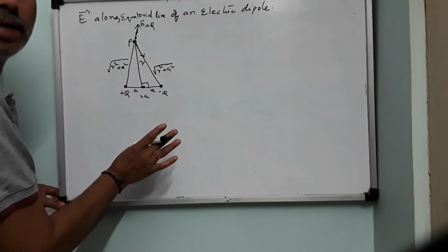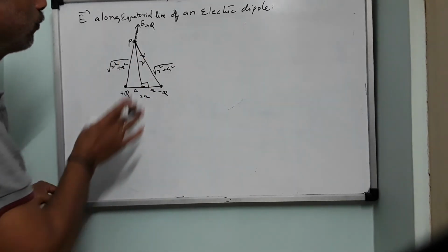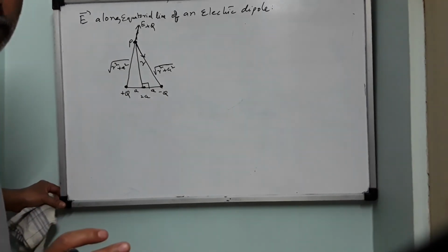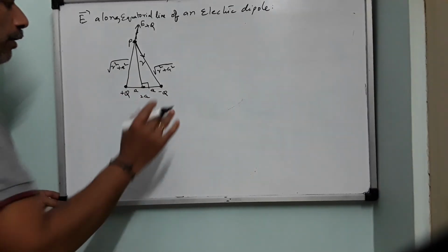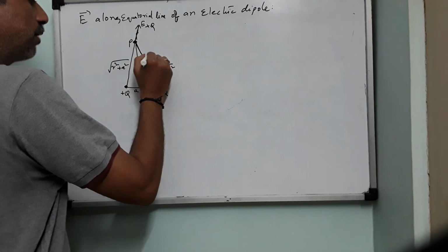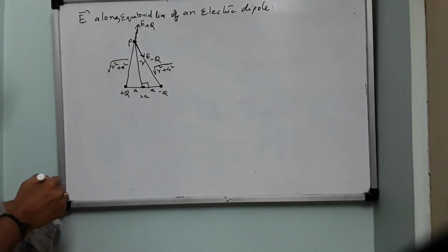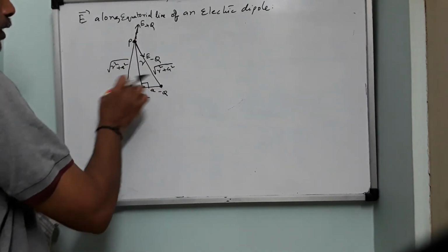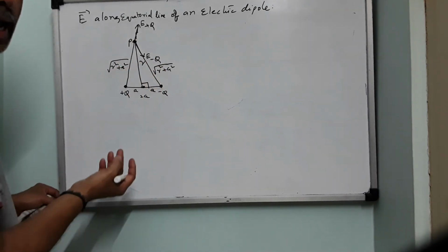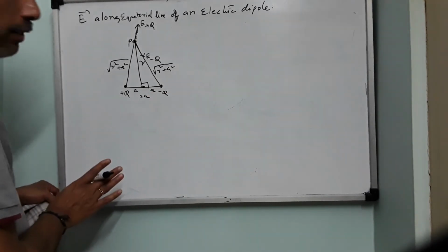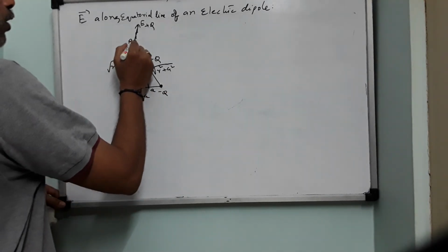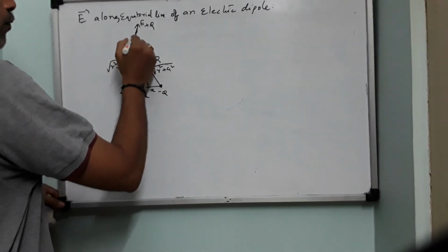So magnitudes are the same, distances are the same, both of them will produce an equal magnitude of electric field but not in the same direction. This is E due to minus Q. This is not actually an equilateral triangle or something else. Simple diagram only.